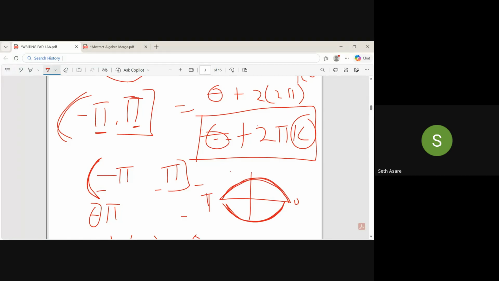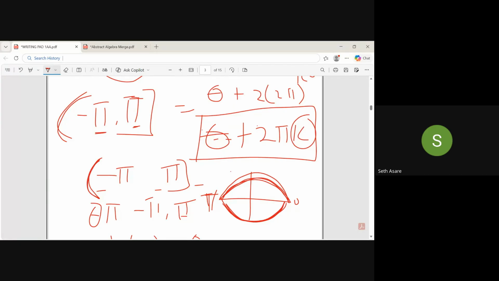Why are we saying so? When I move from here to here, it will land me to pi. All right. But when I am landing here, I shouldn't go so, because negative pi and pi itself, when I find the angle, it will give me the same value.